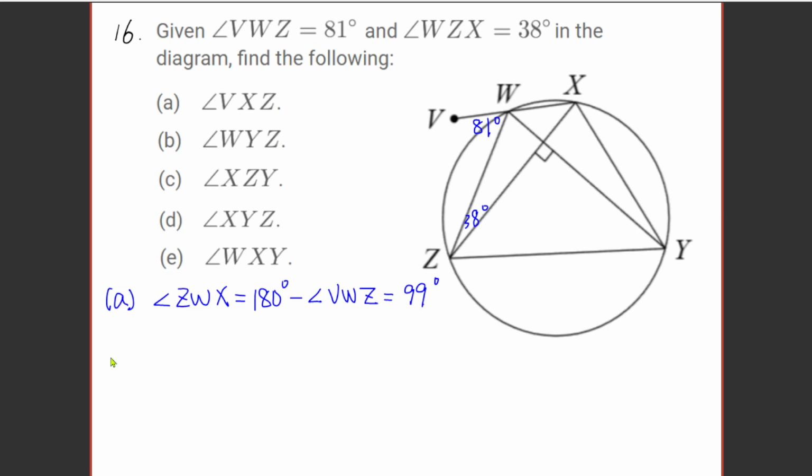And in triangle WXZ, we have angle VXZ equals 180 degrees minus angle WZX minus angle XWZ. And this gives us 43 degrees, right?